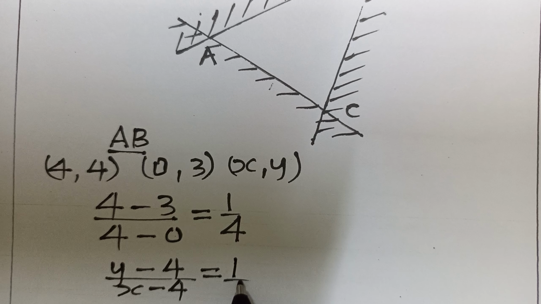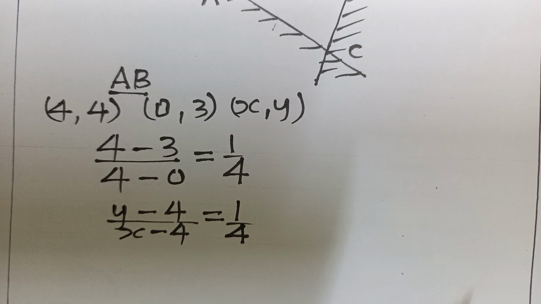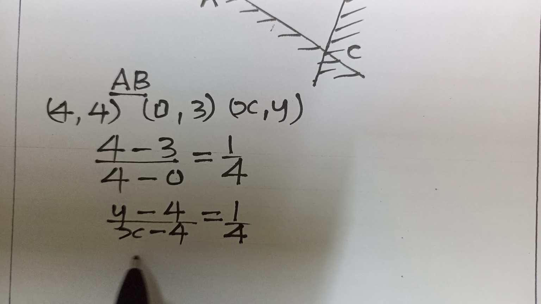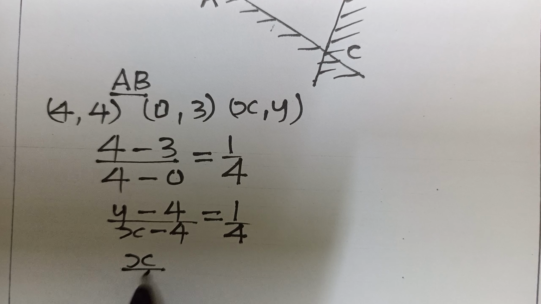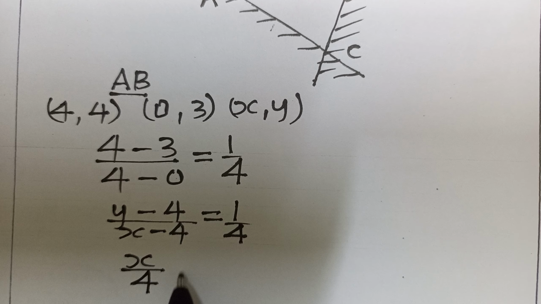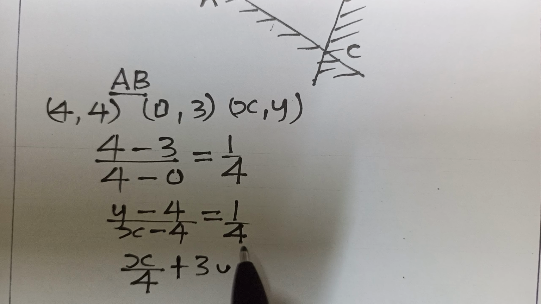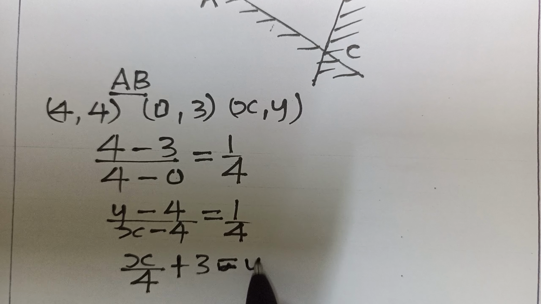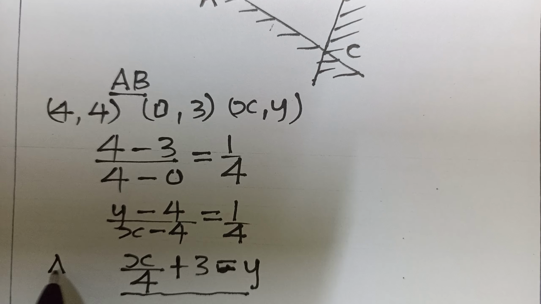And so guys, when I evaluate that, this is what you are going to find: x over 4 plus 3 equals y. So try and see whether you get that as the equation of AB.